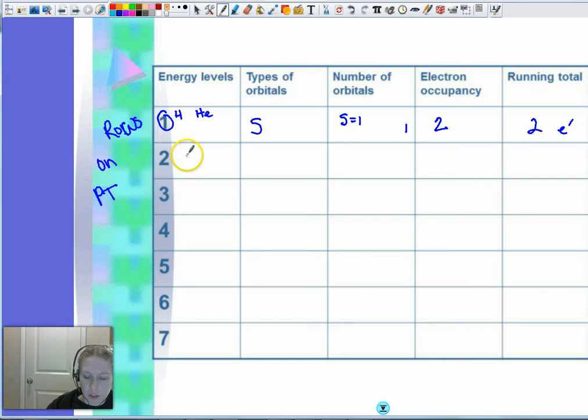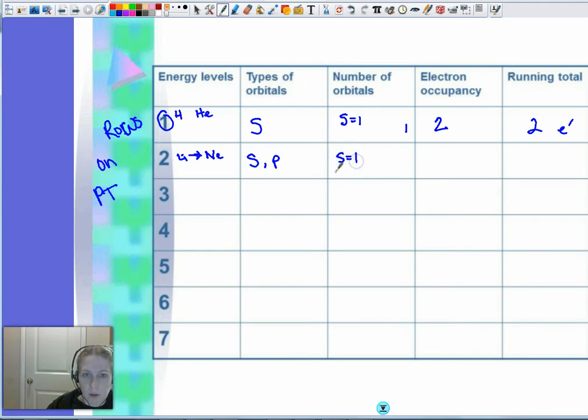For energy level 2, now this is where we have lithium all the way over to, I believe, neon. I'm sure you'll correct me if I'm wrong. Now, lithium is in the s block, so we have s orbitals, and we know that we also have p orbitals because we're now going into the p block over on the other side of the periodic table.